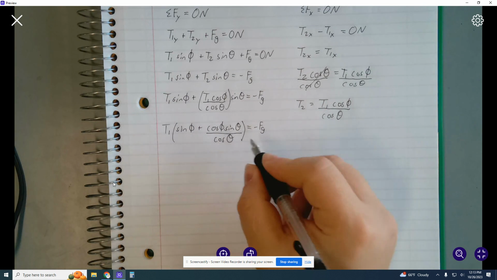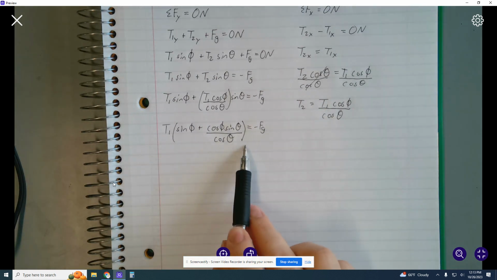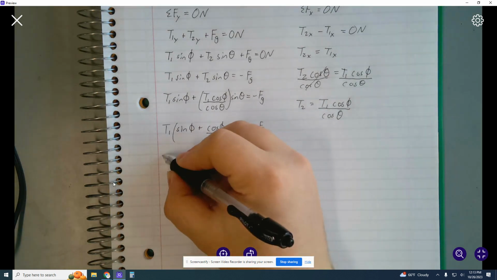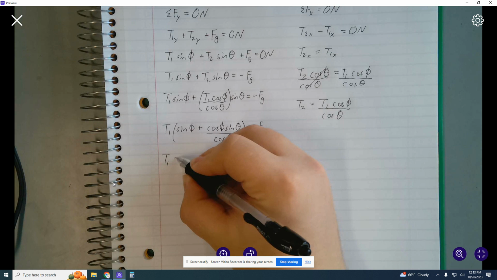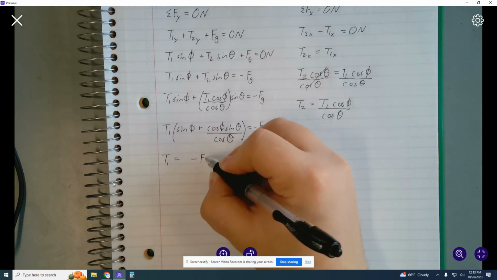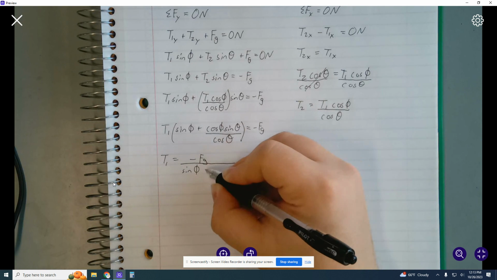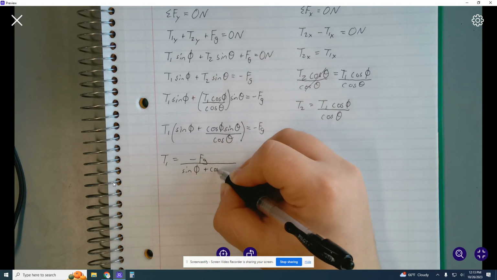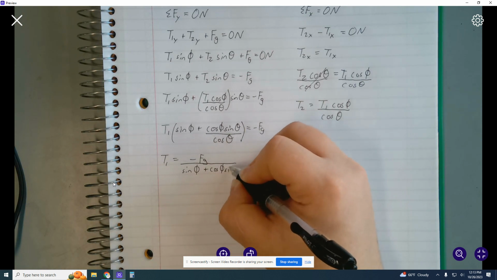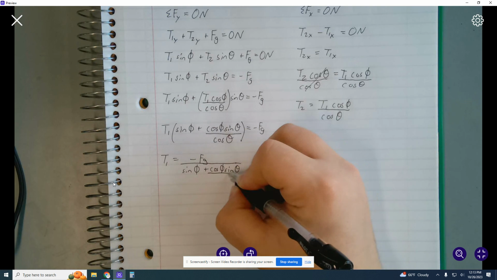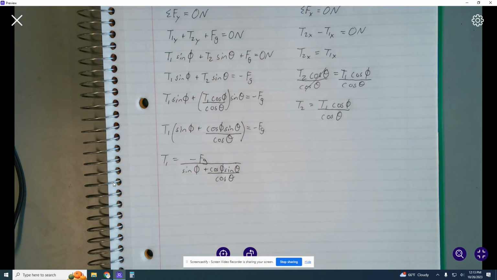Then we're going to divide both sides by this whole mess of trigonometry here. So we'll have T1 is equal to negative FG divided by sine phi plus cosine phi times sine theta divided by cosine theta.